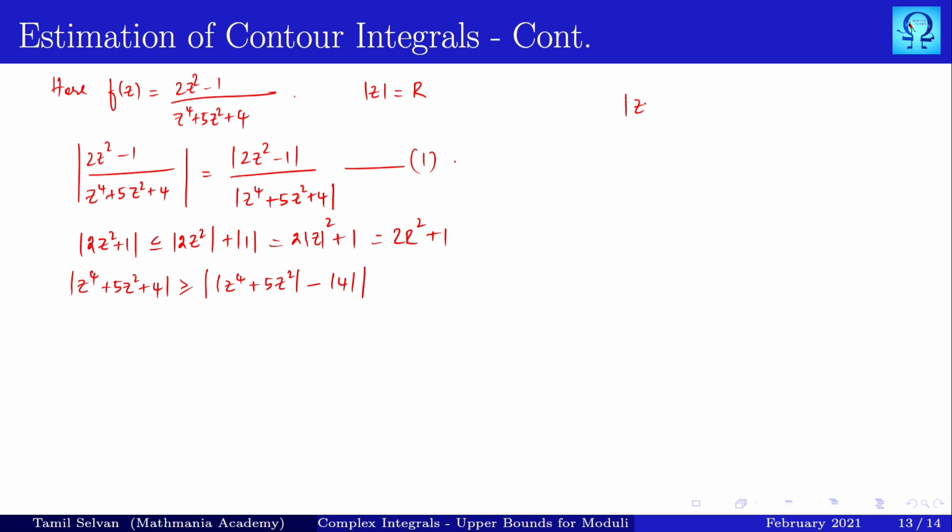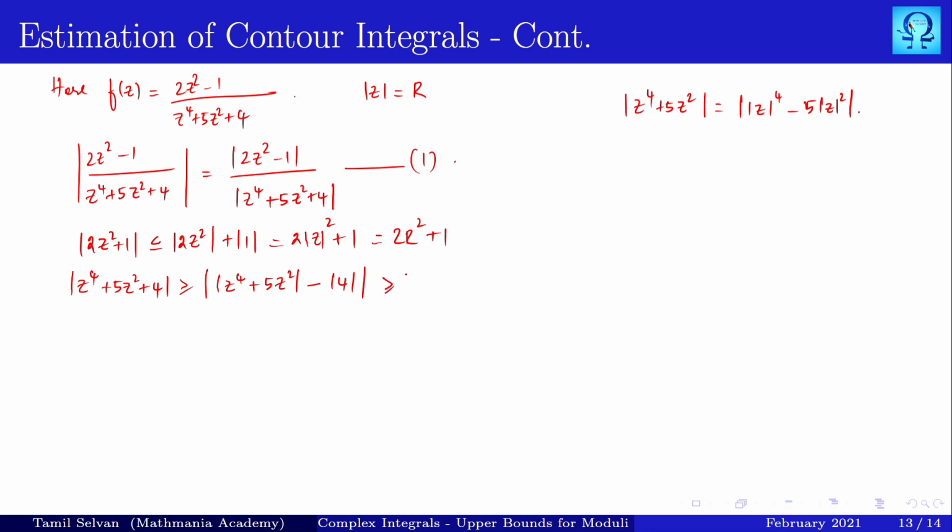Now consider only this part, and this is absolute of absolute z to the power 4 minus 5 times absolute z squared.